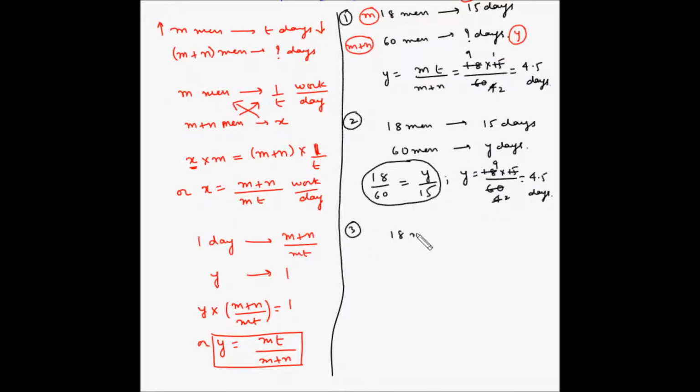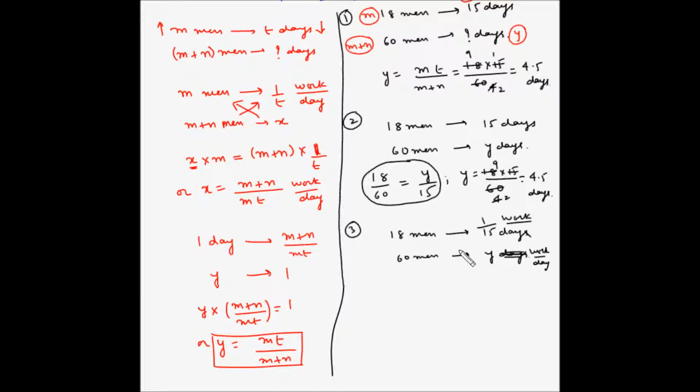So 18 men can do a piece of work in 15 days. So 60 men will do it in how many days? Now this is an indirect relationship, so we can convert this into a direct relationship, which becomes 1 by 15 amount of work per day. So again we have to find y work per day.